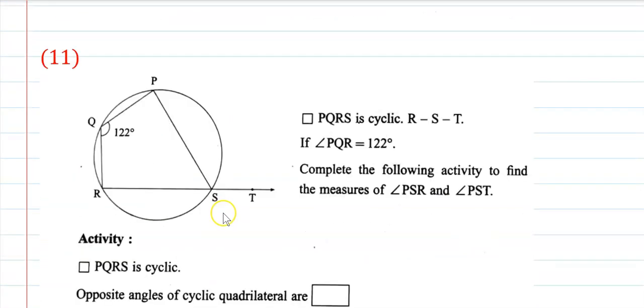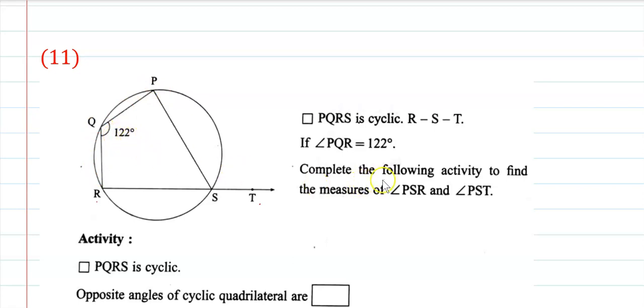Now the next activity. Quadrilateral PQRS is cyclic. S is in between R and T. Angle PQR is equal to 122.